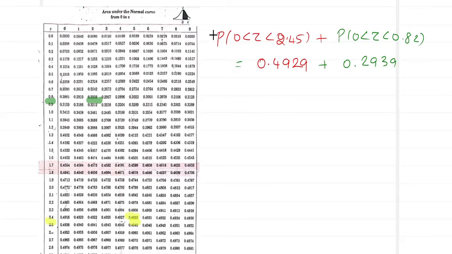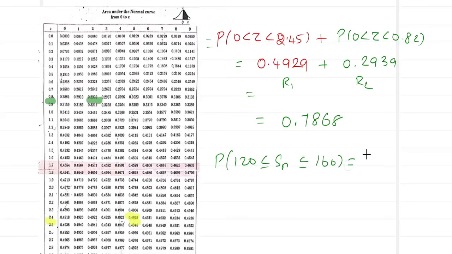So the total probability will be the addition of region 1 and region 2. So add the data to get 0.7868. So the probability that 120 less than or equal to Sn less than or equal to 160 is equal to 0.7868. So this completes the problem.